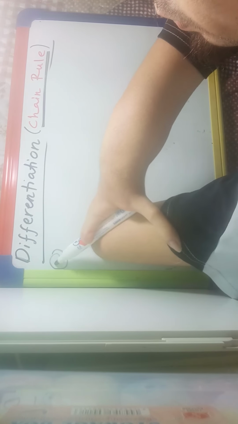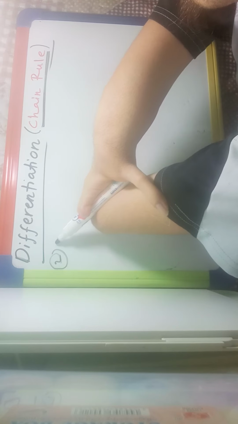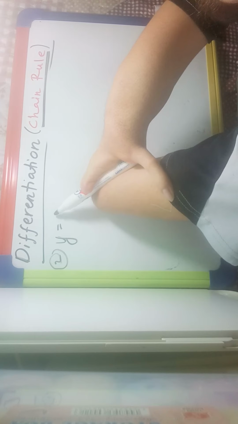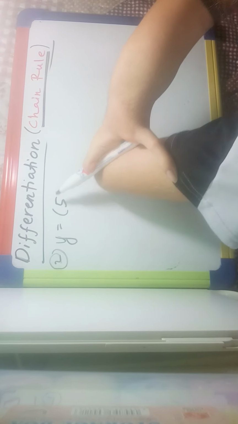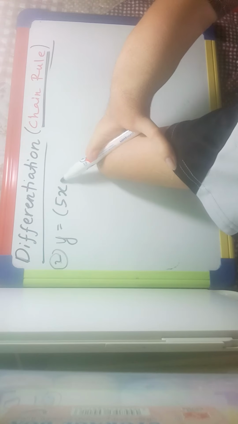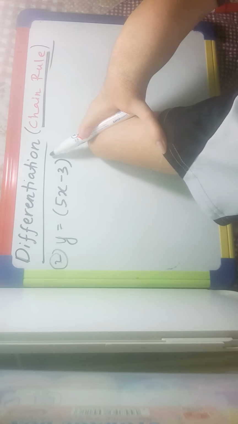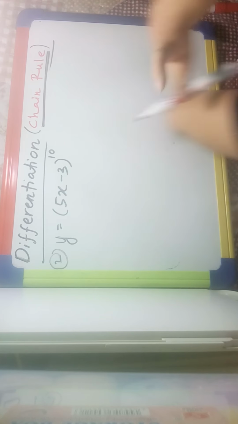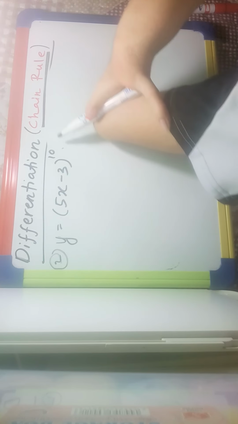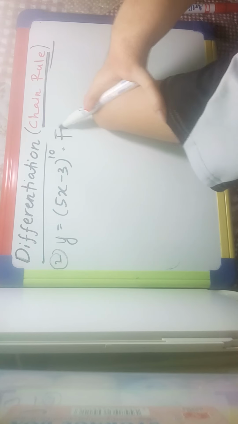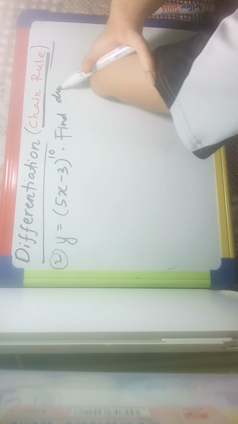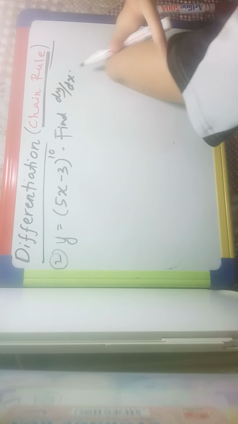Question number 2. What if I give you y is equal to in bracket 5x minus 3 to the power of 10. My question, find dy over dx.